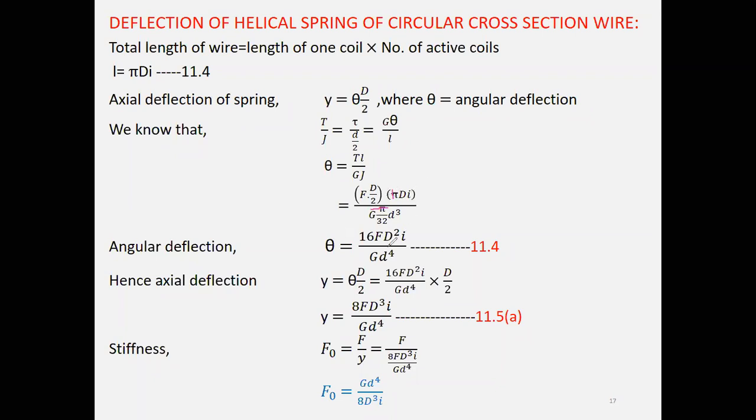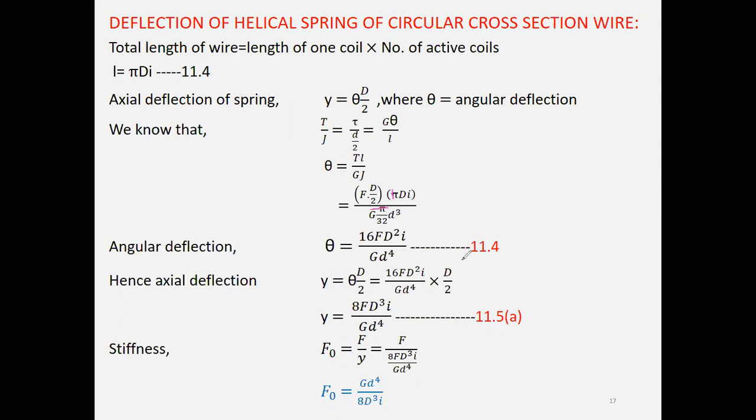Remaining is G D cube. After that, whatever the angular deflection theta is, you will get it as 16 F D square I divided by G into d raised to 4.